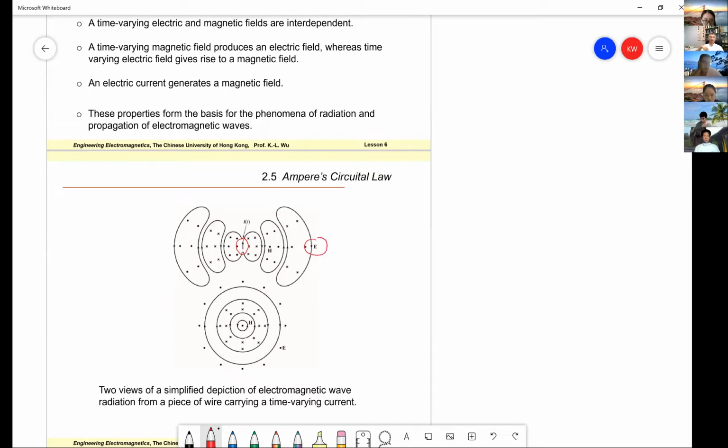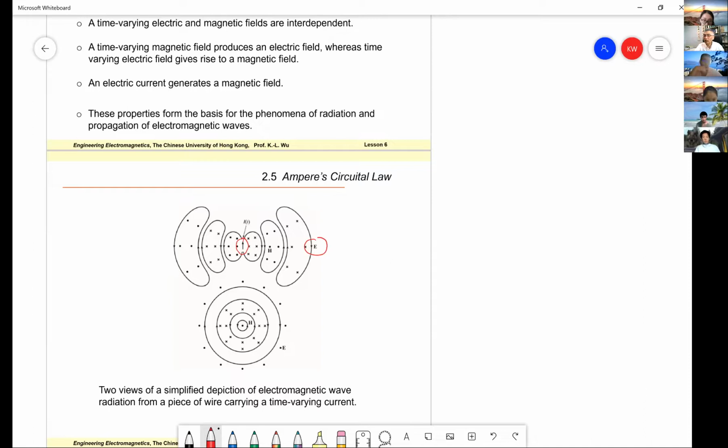If this is the antenna, the continuous field lines depict the electric field, and the dotted lines depict the magnetic field. Then you see the electric field and the magnetic field are interlaced with each other. That means the electric field generates the magnetic field, and the magnetic field generates the electric field.